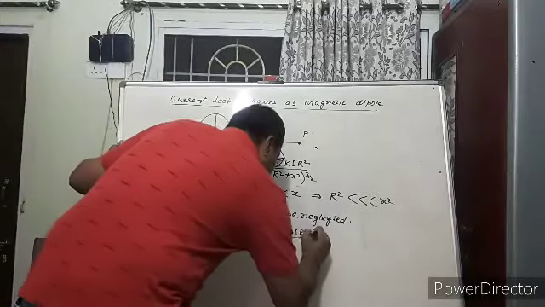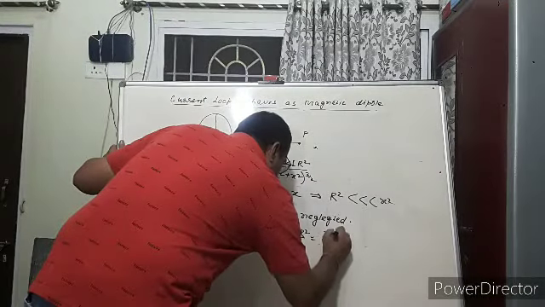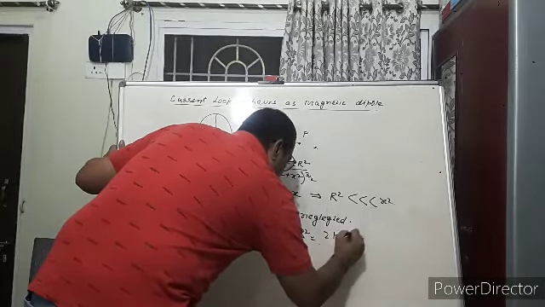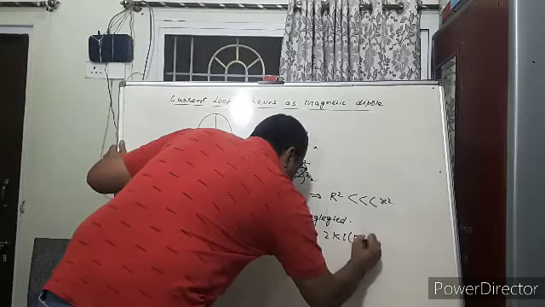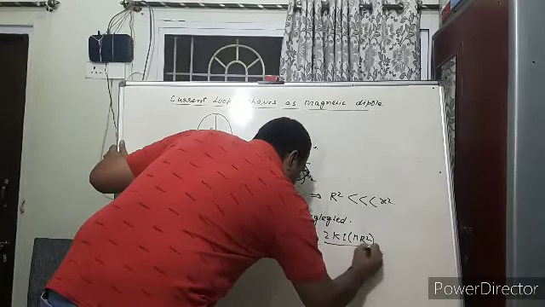Now this can be written as 2 k I pi r square divided by x cube.